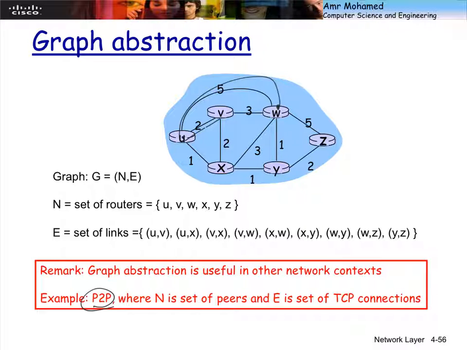So we abstract it in the form of a graph, and we study the performance of these sessions end-to-end. Then we abstract all the network details into a cost. So the cost of this TCP session is X, and the cost of this TCP session is Y, something like that.